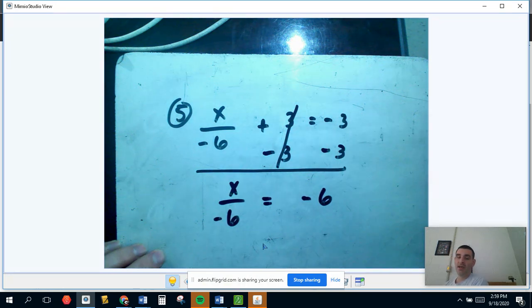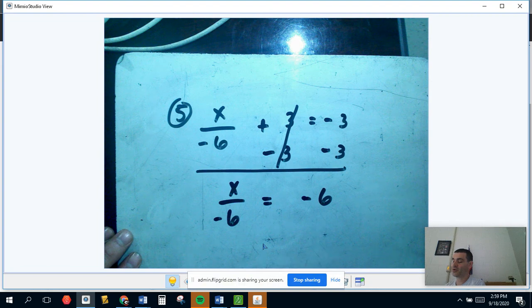And use caution when you're working with signed numbers. Negative 3 minus 3 is negative 6. It's not 0. Negative 3 plus 3 would be 0. I like the idea of you doing it in your head, but if I'm on a quiz or test and I have a calculator, I would use it to make sure I'm right there.